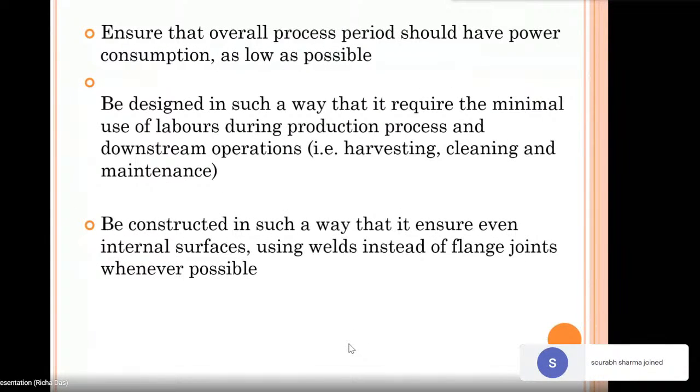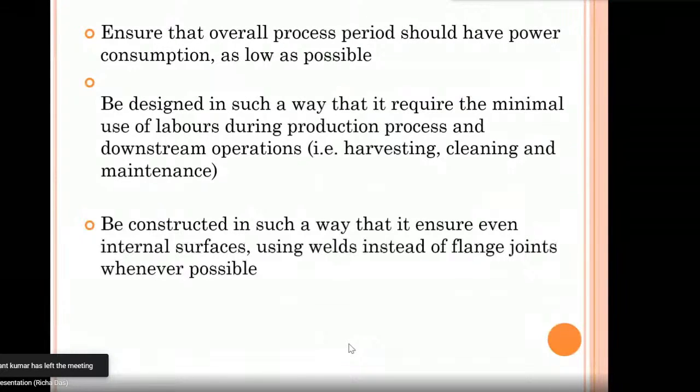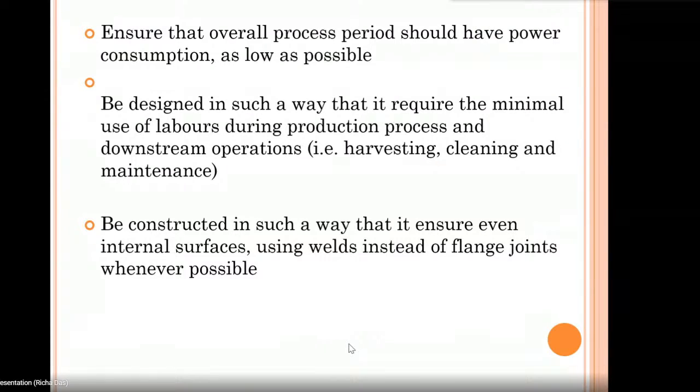Okay. Next point is power consumption. In the process of fermentation, power will be used, so my ideal fermenter should consume less power. Next, it should use a small amount of labor, because if 10 people are handling a single fermenter, the risk of contamination will be high.